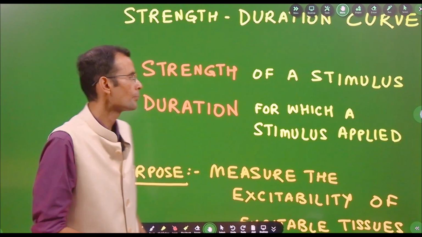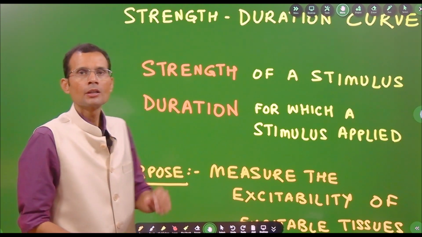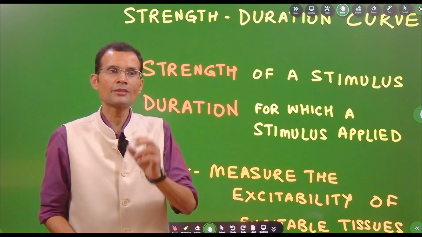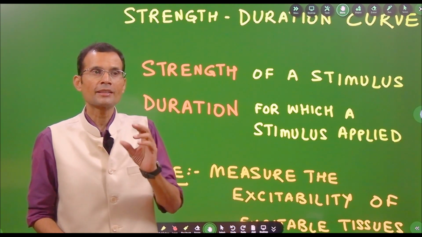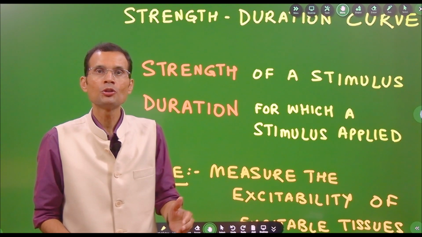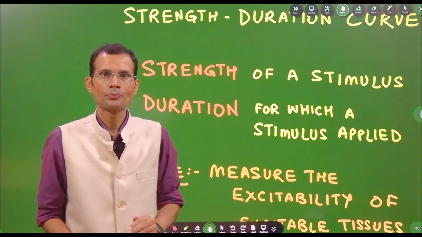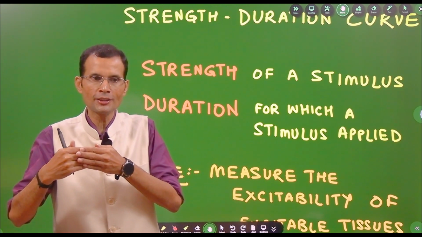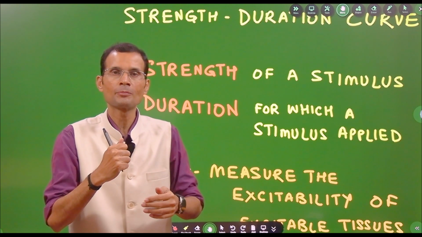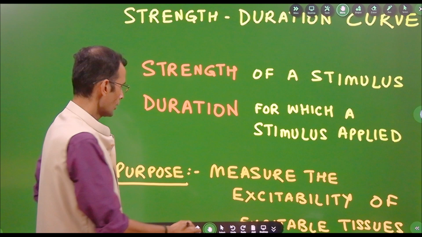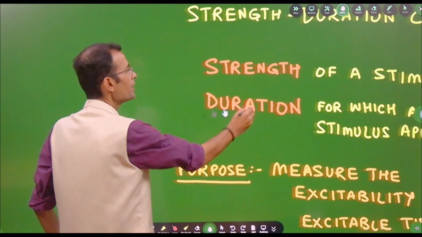That's strength. And the duration for which the stimulus is applied, or let's say time duration taken by the tissue to show the response. I mean, you apply the stimulus for this duration, and after that time duration the tissue responds, it excites. That's the duration. So the two terms explained at the outset.